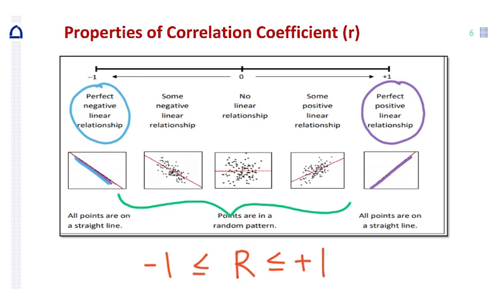And you can tell from these scatter plots, if R is positive, the dots are going up from left to right. If R is negative, the dots are going down from left to right. And the closer we are to R being 0, the more it looks like the dots are all over the place and there really is not a pattern or a strong correlation between the X and the Y.